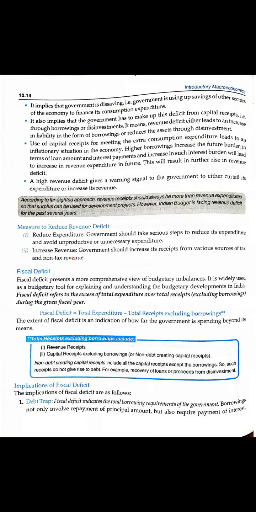It means revenue deficit either leads to an increase in liability in the form of borrowing or a reduction of assets through disinvestment. For example, take any company. When they are not getting more revenue, what will they do? No revenue, no income.